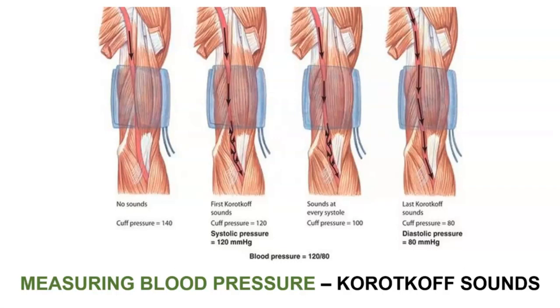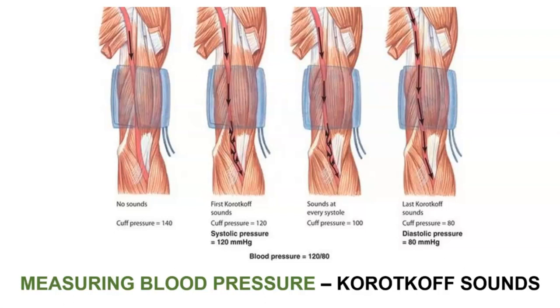And then we would slowly start to let the pressure out of the cuff. We see that when the cuff pressure is equal to the arterial blood pressure, we would hear the first sound, called the first Korotkoff sound, as the systolic pressure would force the artery open and blood would flow very turbulently past the cuff. This would then be read on the sphygmomanometer, or the blood pressure cuff, as our systolic pressure.